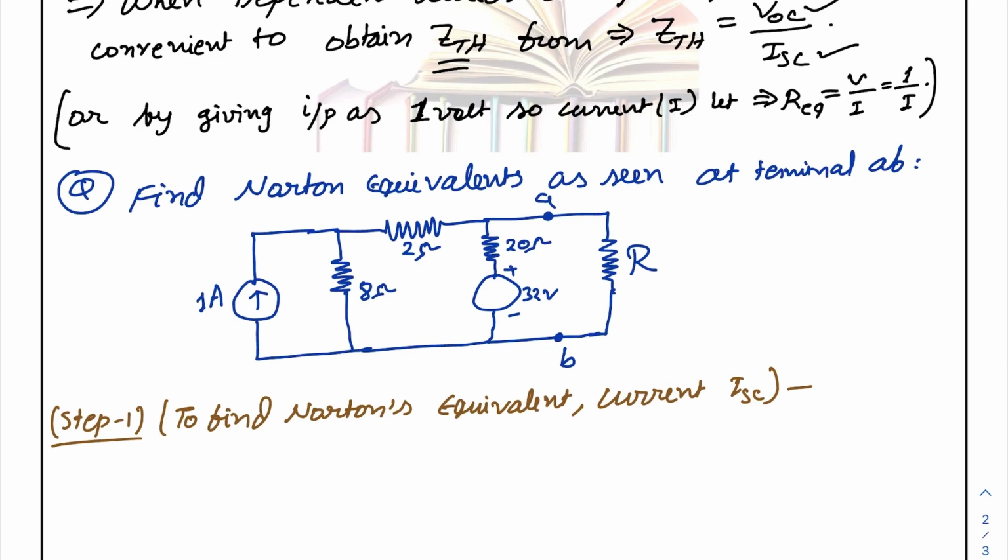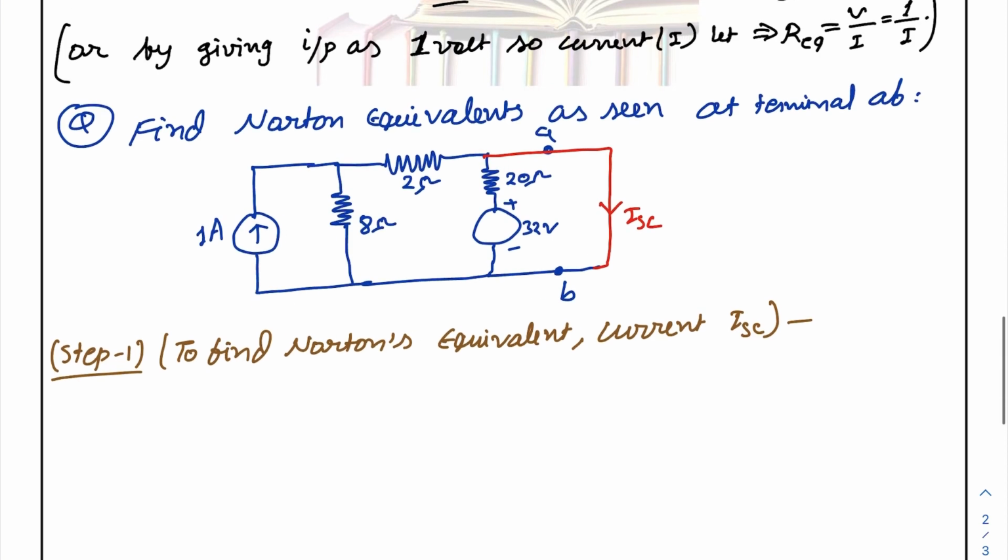means short circuited current, means by shorting the terminal AB. So we will short this terminal like this one, and the current in this branch, or we can say between the AB terminals, that is the ISC short circuit current, that we need to find out simply. Okay, so for this one we will redraw the circuit.